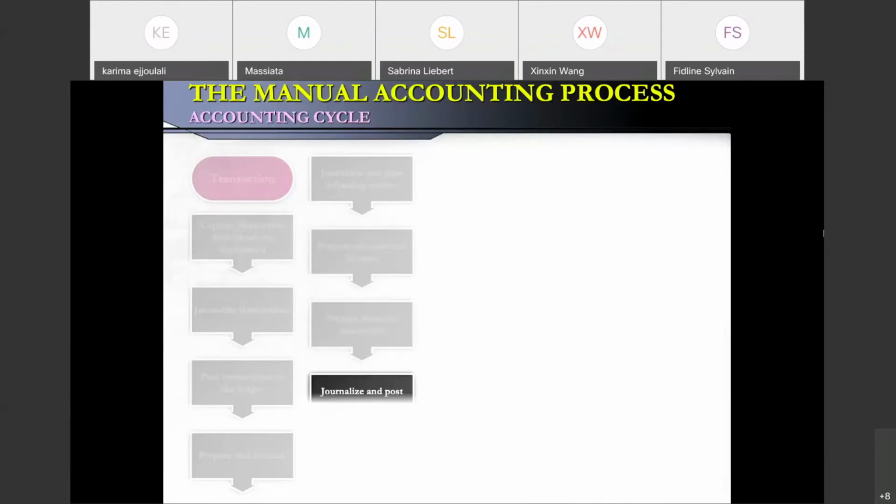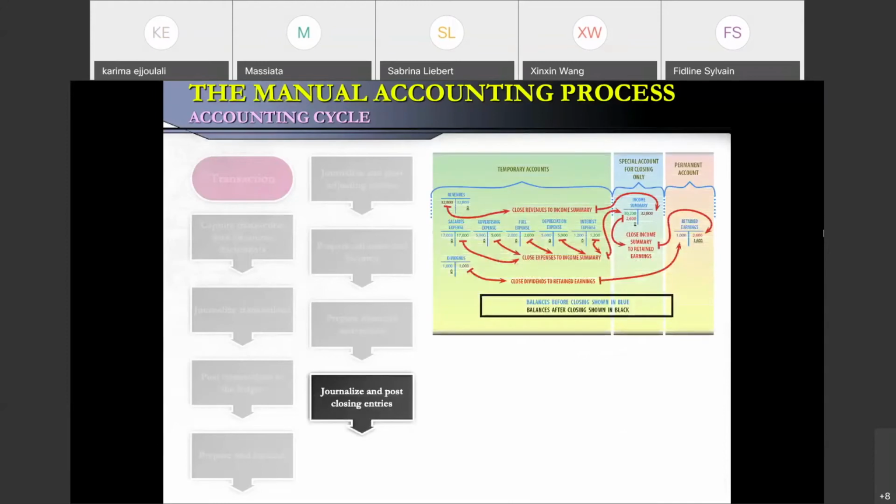Exactly. Journalize and post closing entries, right? That's the step that we know we need to do. So we close the accounts. We say, okay, at the end of the fiscal year, we have this much earnings, this much sales, stuff like that, right? We close the entries.